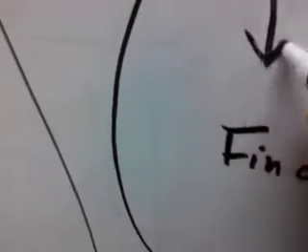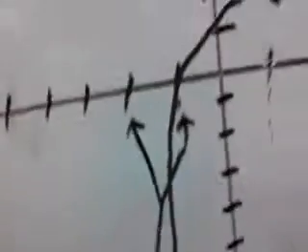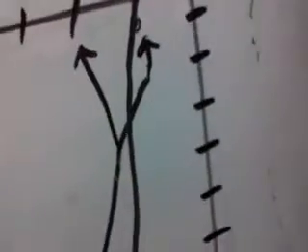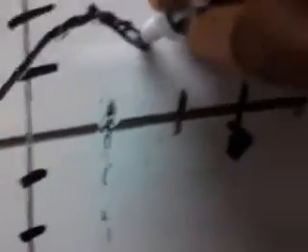You have an arrow showing that it just keeps on going. So that's what you have on the left. On the right, same thing. It goes through this point, like so. Okay, it goes through this point, and then it comes straight down and goes through this point down here.